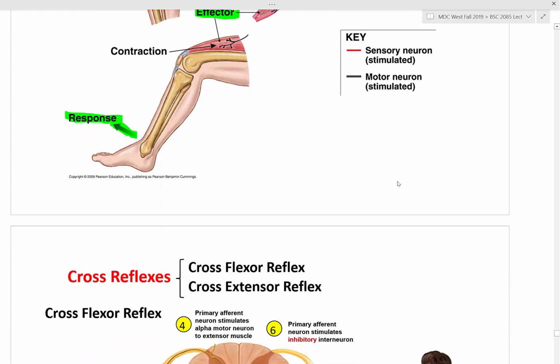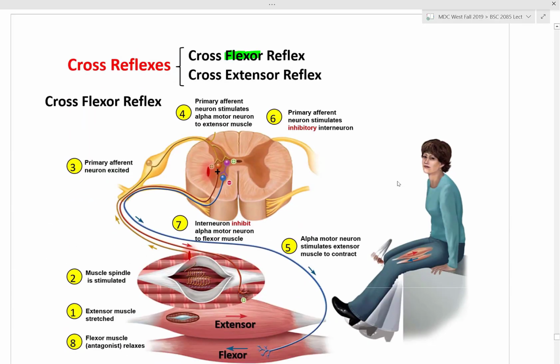What is a cross reflex? You have both a flexor and extensor, because both of them cross each other. So number one, what are we seeing? We're seeing that there is an extensor muscle that is being stretched.